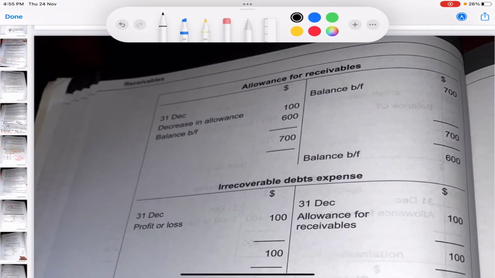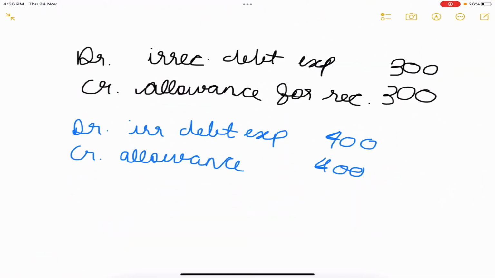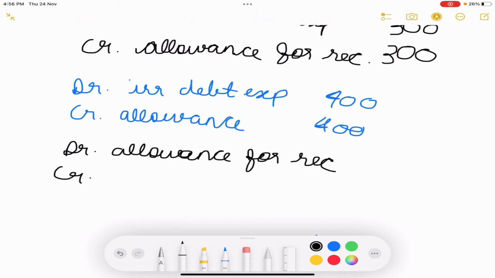What will that be? You are going to debit it, right? Allowance balance is credit. Now, if you want to reduce it, you're going to debit it. So it's going to be debit allowance for receivables, credit irrecoverable debt expense by 100.